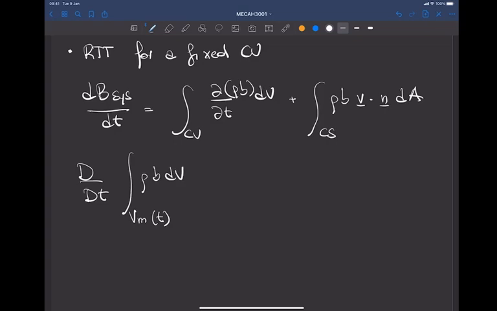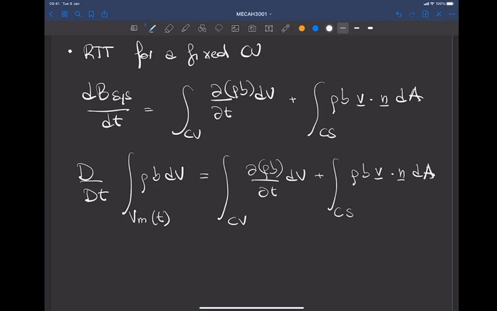This is the property in this volume, which is moving with the fluid but always containing the same amount of matter. And this is given again by the integral in the control volume of the partial derivative of rho b with respect to t times dV, plus the integral on the control surface of the property flow rate, so it's rho b v scalar n dA.